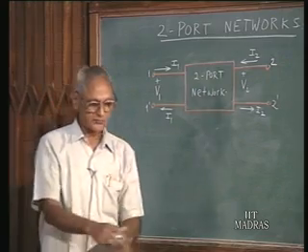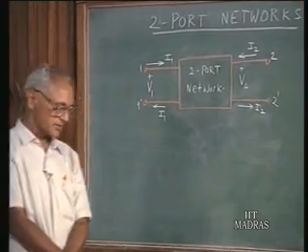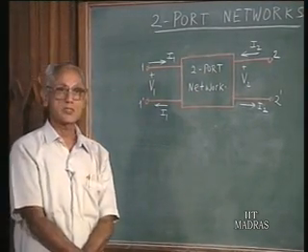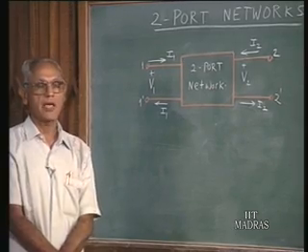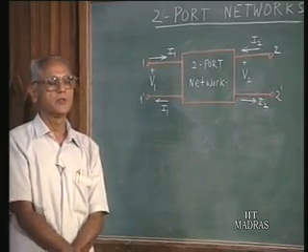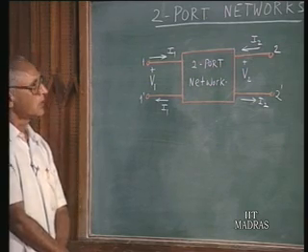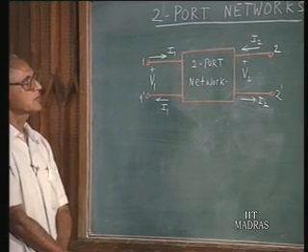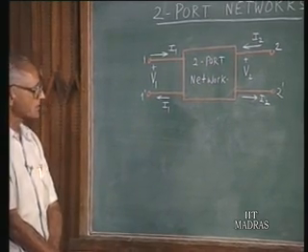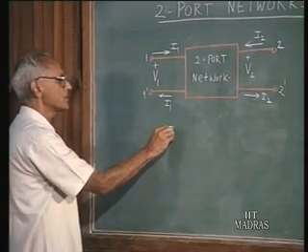So, you have choice of taking any two as the excitation functions and the other as response functions, and depending upon the pair that you take as excitation functions, you get different types of parameters which describe this two port network. We will take up to start with a particular set of parameters called short circuit admittance parameters.